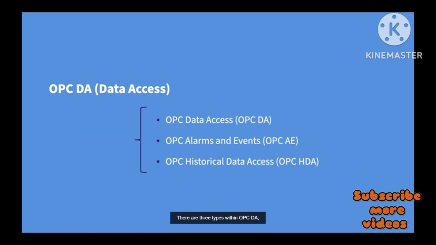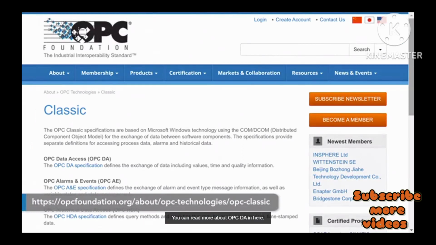There are three types within OPC-DA: OPC Data Access, or OPC-DA, OPC Alarms and Events, or OPC-AE, and OPC Historical Data Access, or OPC-HDA. The OPC-DA specifications provide a separate definition for each one. You can read more about OPC-DA in here.